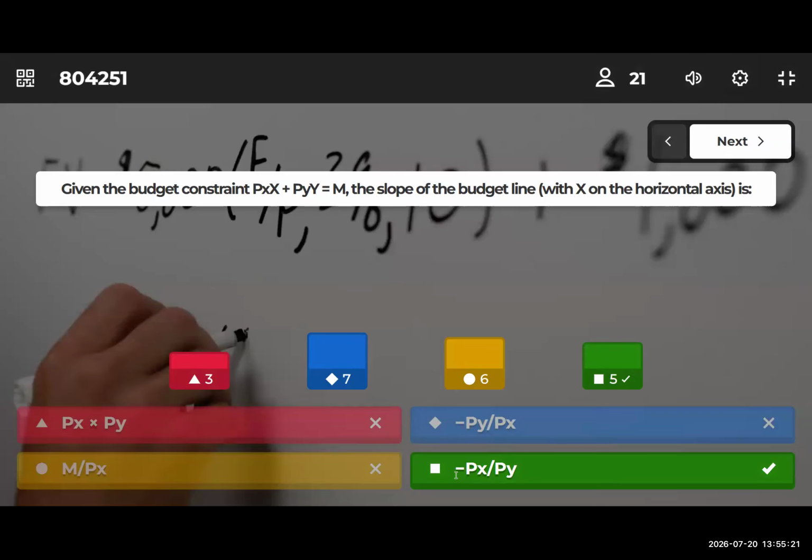Px over Py. You rearrange it, right? X on the horizontal, that means Y on the vertical. You move this part to the right side, and then you divide by Py, which gives Px over Py.